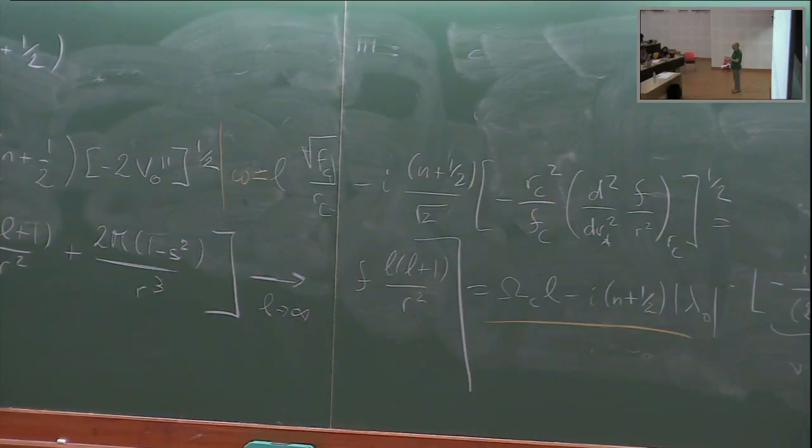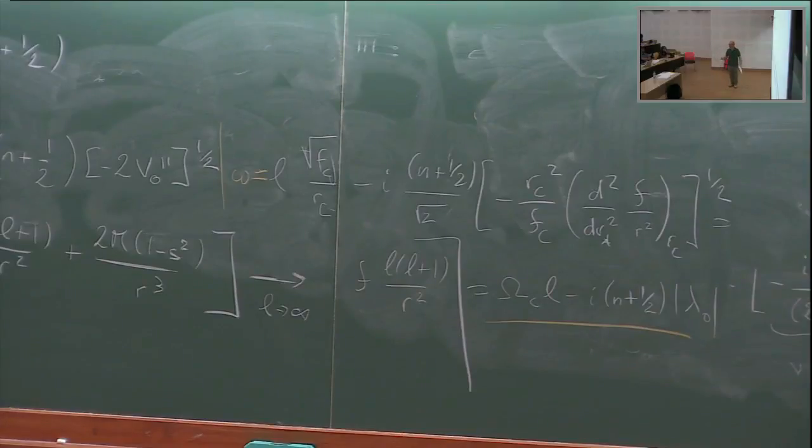And you can do this for whatever effective potential you have. So once you have developed your WKB approximation for a generic potential, you can plug in whatever V you have, and you can compute quasi-normal modes for very generic classes of black hole spacetimes. Okay?